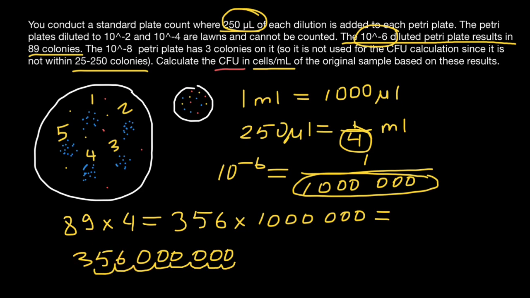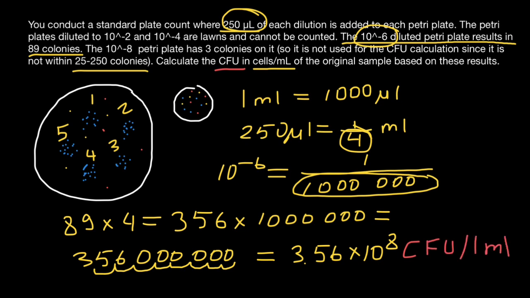Because in scientific notation, the number has to be between 1 and 10. So here we have 3.56 times 10 to the power 8. So what does this number stand for? It stands for the colony forming units per 1 milliliter of the undiluted sample.